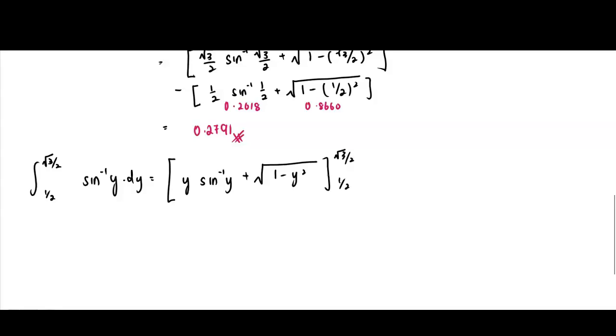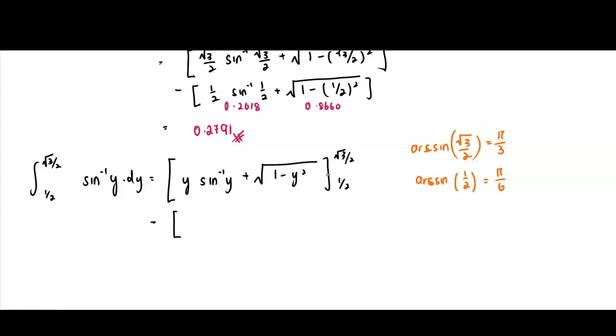Now again, we recall back, arcsin for root 3 over 2 is pi over 3, and arcsin half is pi over 6.